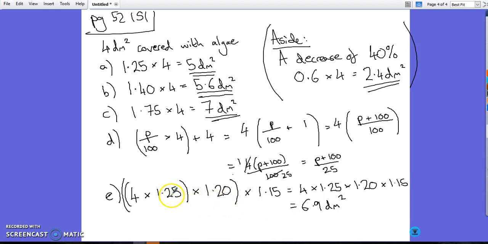And so it's important to notice that you can't just add these three percentages together to get an increase of 60%, because if I were to do an increase of 60%, I'd get only 6.4. You can't think of percentages in this additive way. You have to think of it as it's increased by that amount, and then that new amount increases, and then the new amount increases again. So we get 6.9 square decimeters at the end.